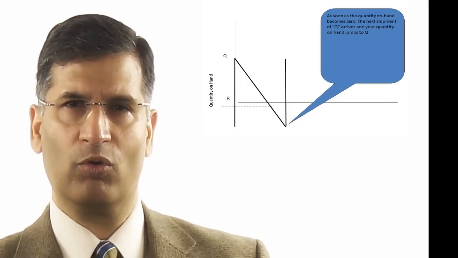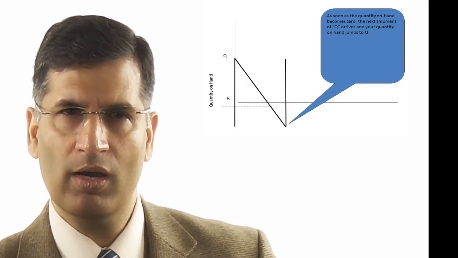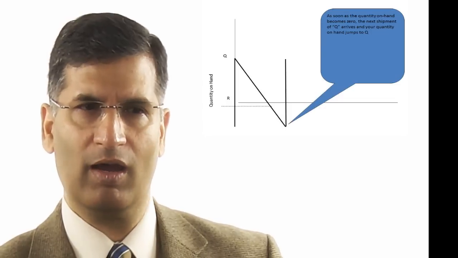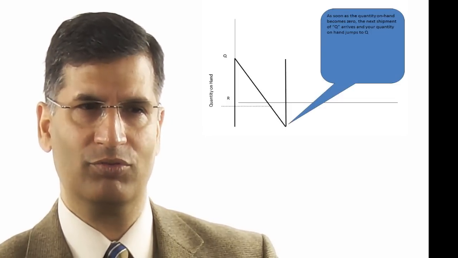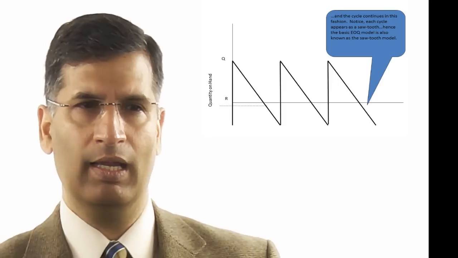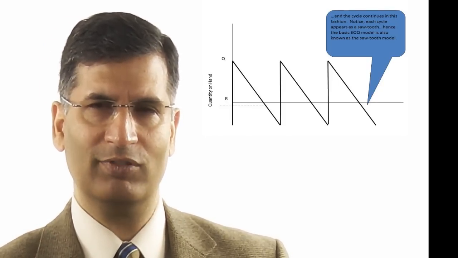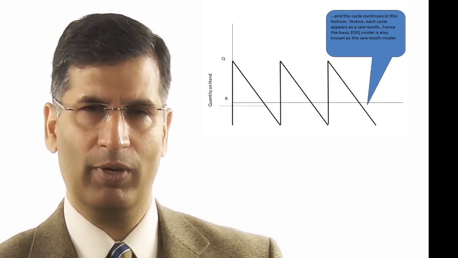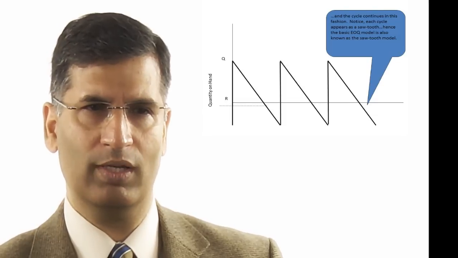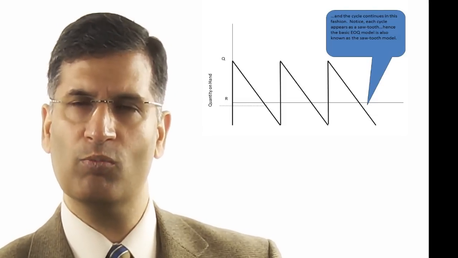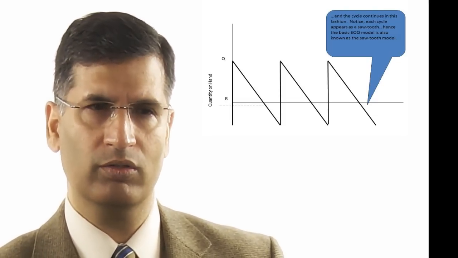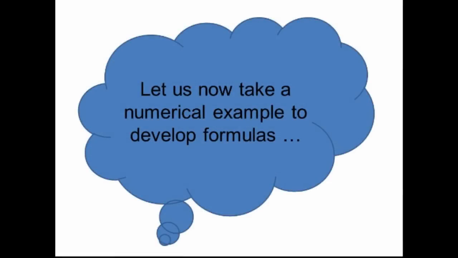As soon as your quantity on hand becomes zero, the next shipment of quantity Q arrives at that very moment. And the cycle continues in this fashion. Notice each of these periods looks like a sawtooth, and therefore the basic EOQ model is also known as the sawtooth model. Let's take a numerical example and help you develop formulas and understand how these formulas are derived.